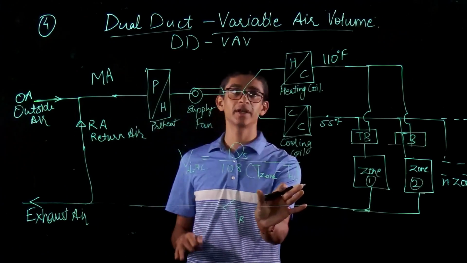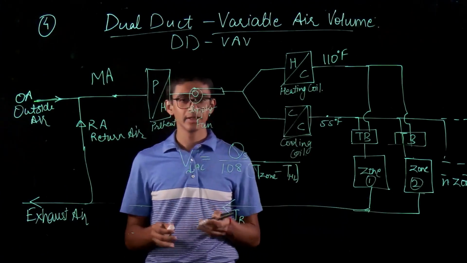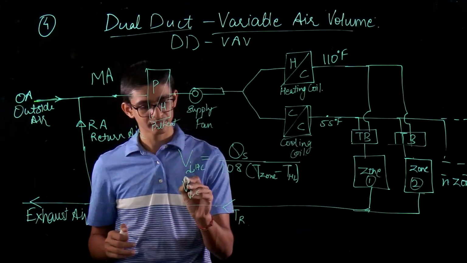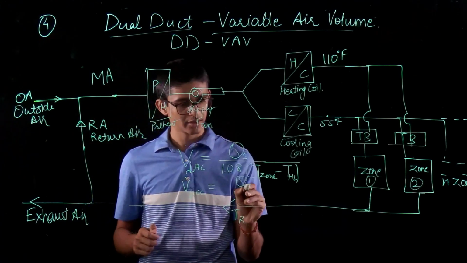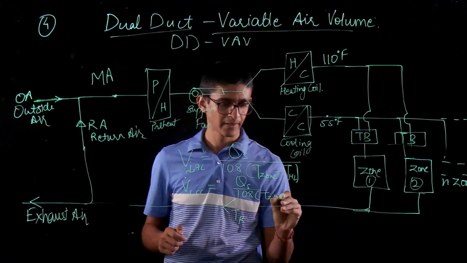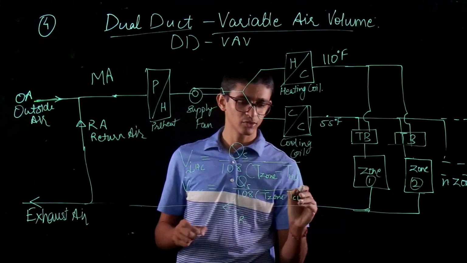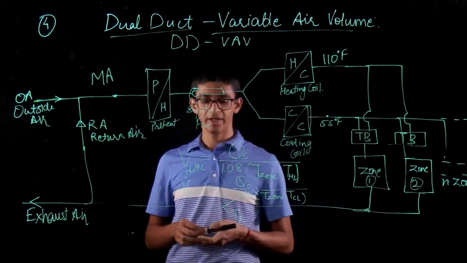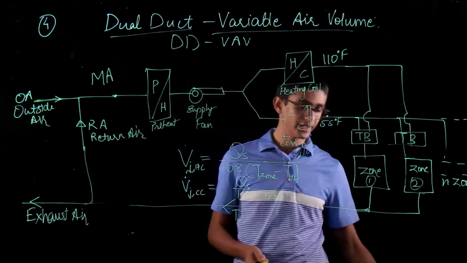If this turns out to be negative, then I do not need to use hot air. Similarly, I can calculate the amount of cold air using T zone minus TCL. So if my zone temperature is greater than TCL, then I need to obviously use my cold air. That means I need to cool my building.